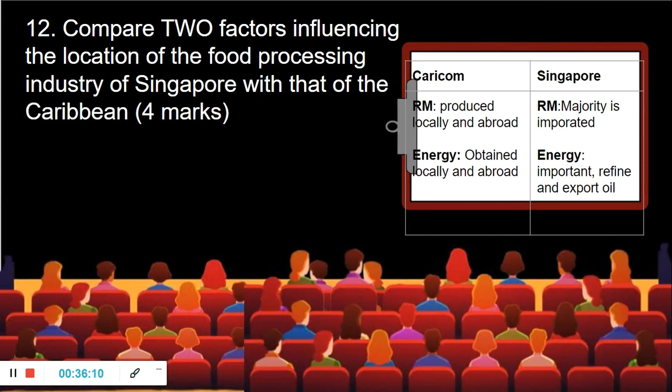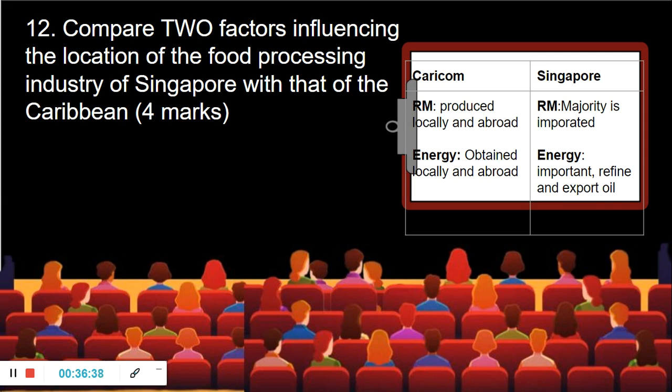All right, so the final question that we are going to look at says compare two factors influencing the location of food processing industry of Singapore with that of the Caribbean. All right, so again, try to locate where in the syllabus this question might be connected.